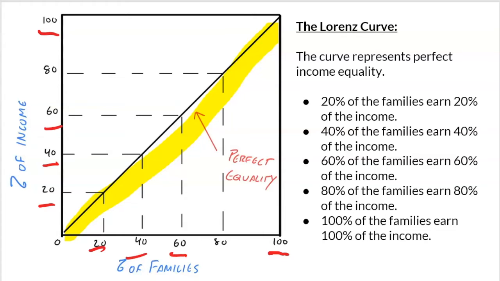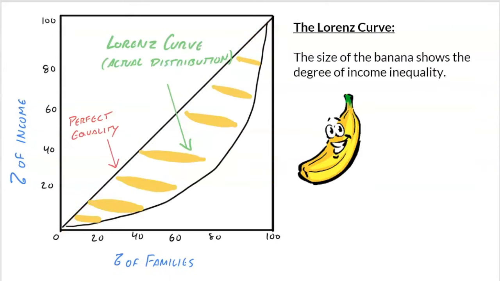Well, we know that no country has perfect income equality, right? 40% of the families do not earn 40% of the national income. And so the Lorenz curve is how far off the curve is from the perfect equality curve. So our perfect equality is this curve right here. The Lorenz curve is this area right here.